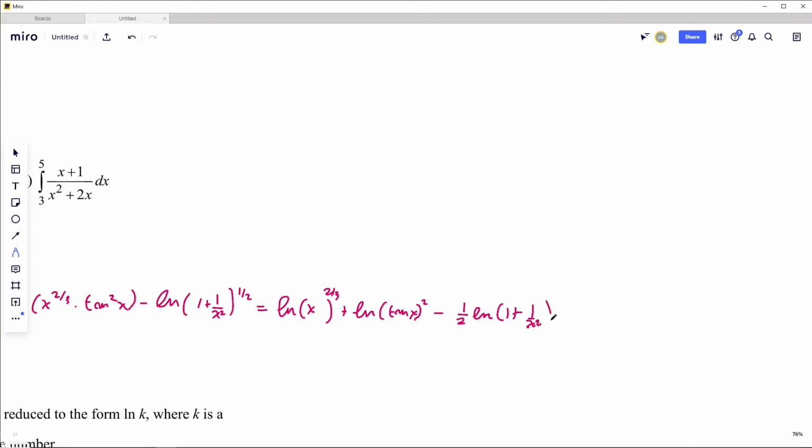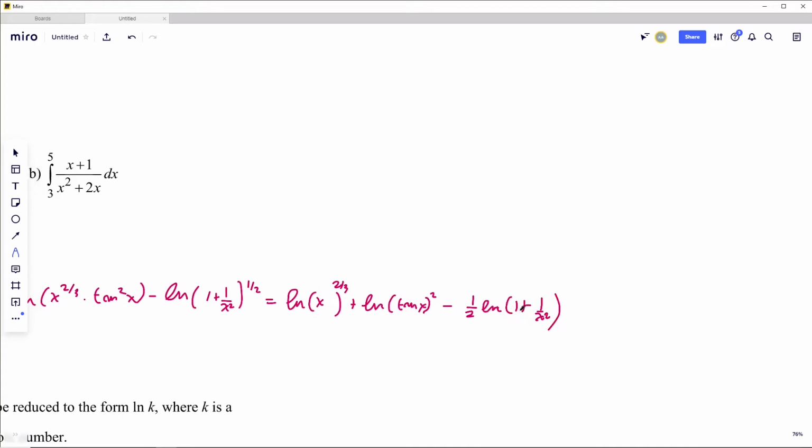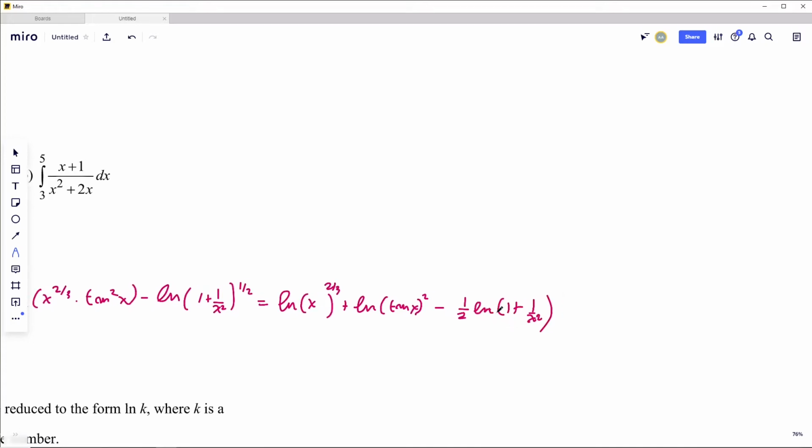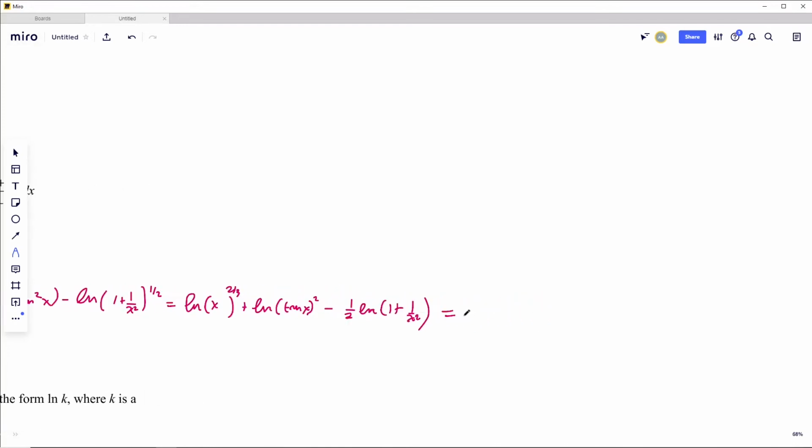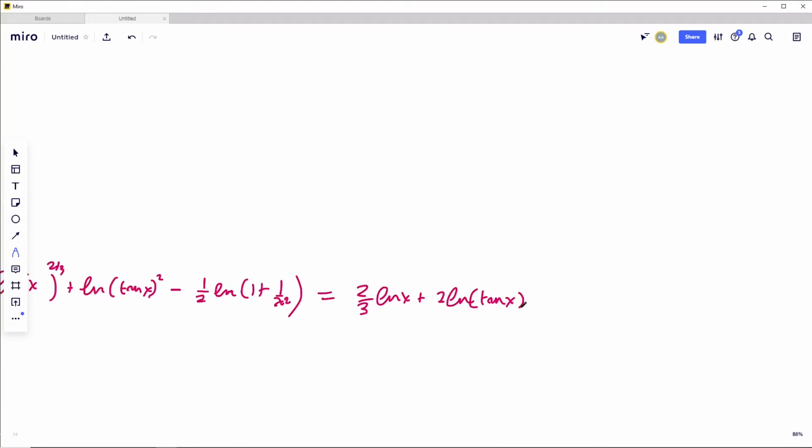You cannot split these two because they're not products or divisions, you're just adding them. Same thing with subtraction, you don't do it. So let's bring down the power, 2 over 3 ln of x plus 2 ln tan of x minus half ln 1 plus 1 over x squared.